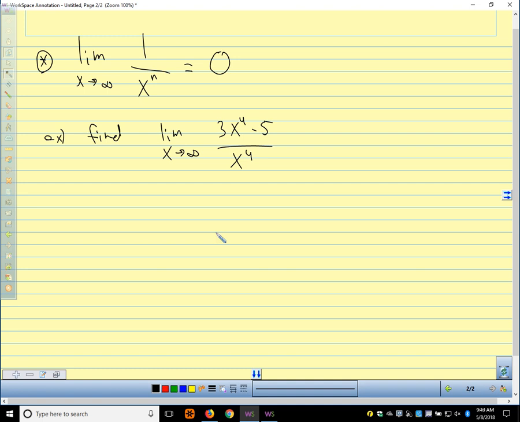For this function, the highest power in the numerator and denominator are the same.